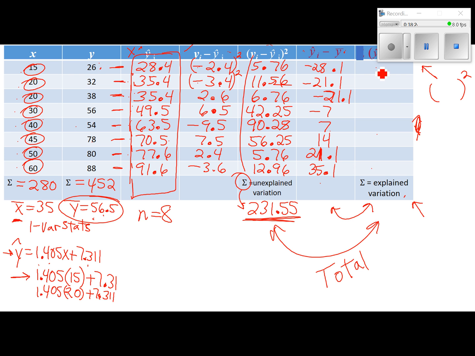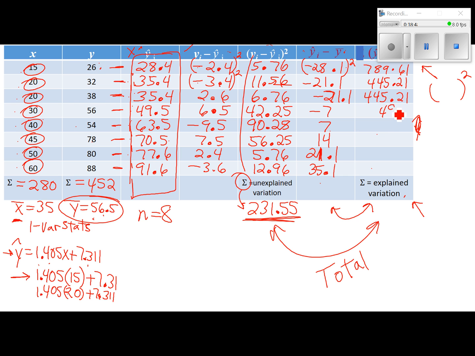And then this last column, all it does is it takes each one of these and squares it. Here I got 789.61, 445.21. Remember, all your answers here should be positive. This one here again is 445.21.